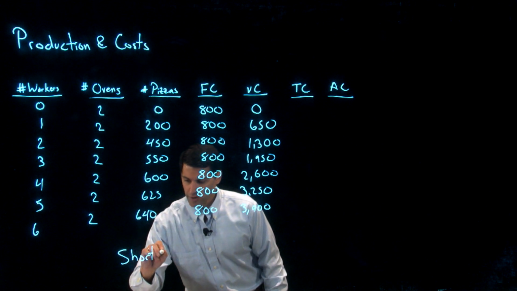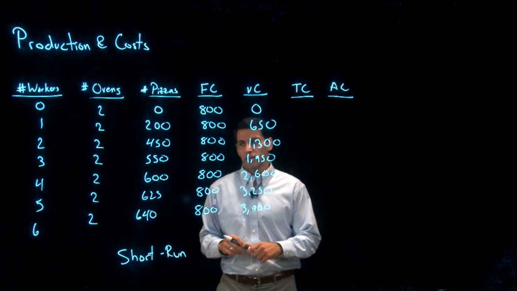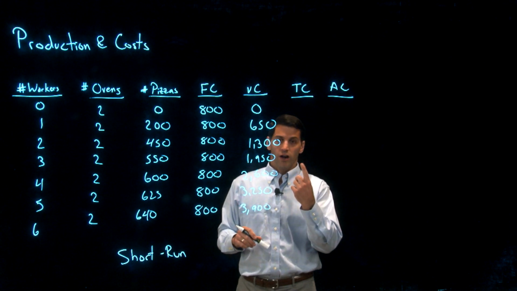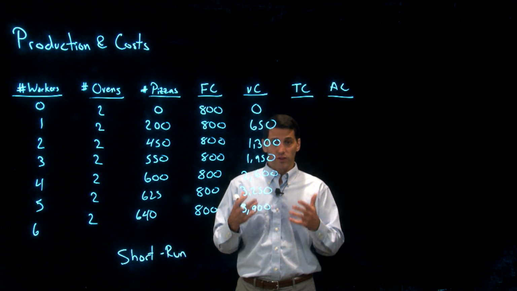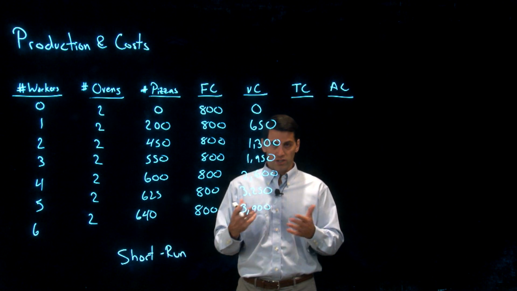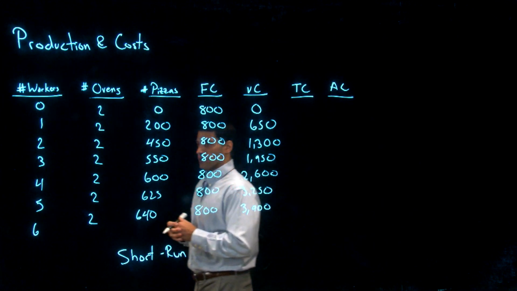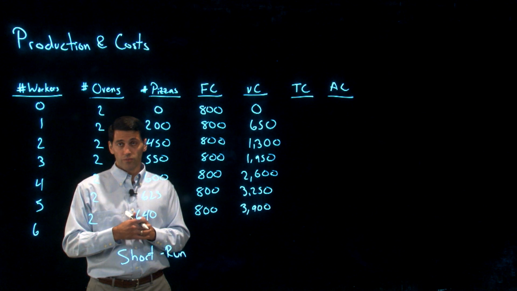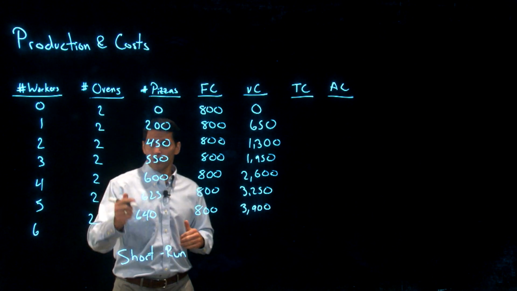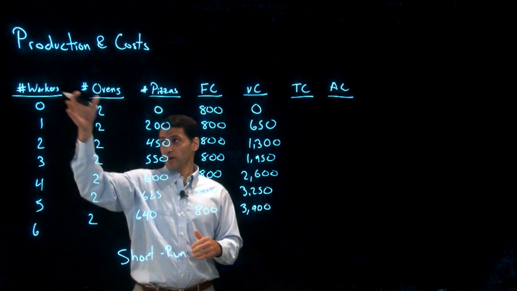Well, the short run is a time frame such that at least one of your factors of production, one of your inputs, is fixed. You can't increase or decrease the quantity that you have. So if we're working here with an example of a pizza restaurant, a pizzeria, they're using pizza ovens and workers.